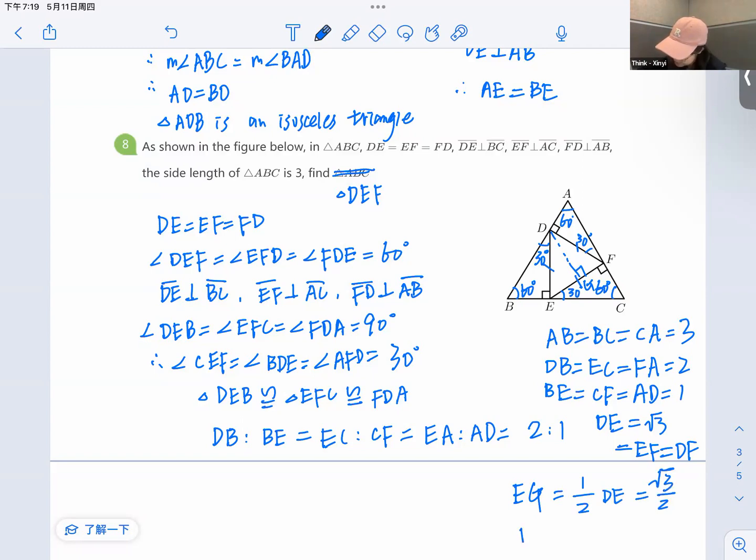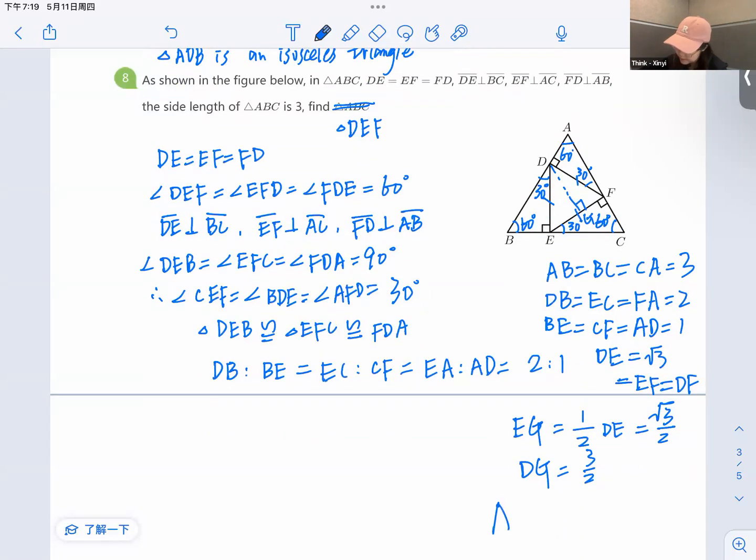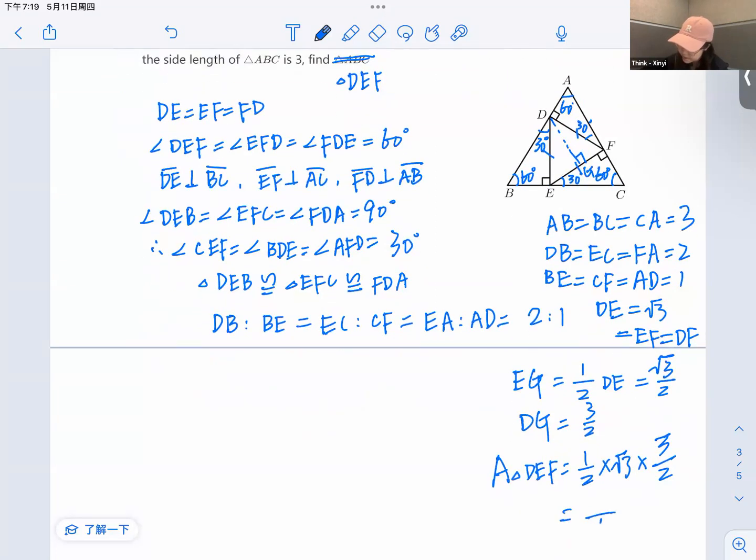And we can have the DG equals to 3/2. So for the area of the triangle DEF, it equals to 1/2 times √3 times 3/2, which is the height. So that's how we get 3√3/4 as the final area for the DEF. Okay.